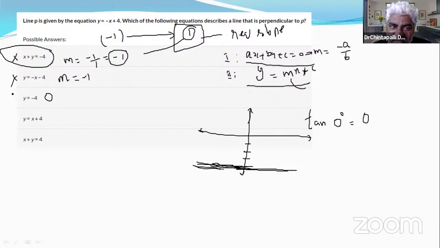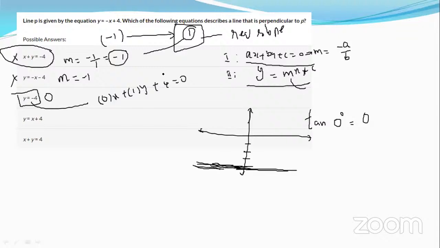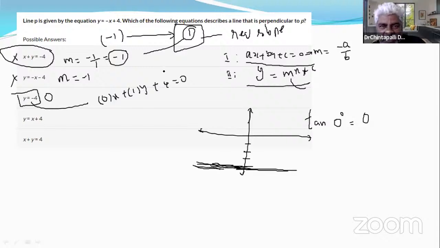And there is another way to say its slope is 0. This can be written in this way: 0 times x plus 1 times y plus 4 is equal to 0.